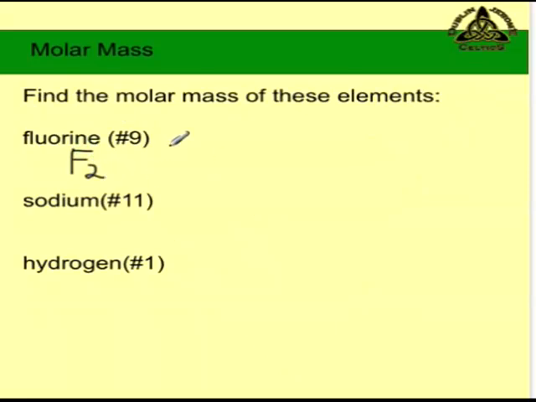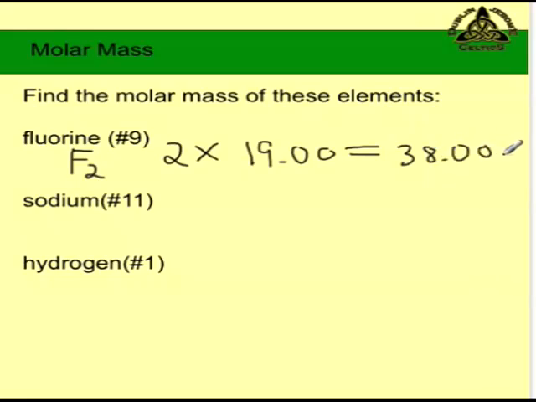So what we have to do is double the molar mass of the fluorine that we see there in the periodic table, and that value is 19.00. So that means that the molar mass of fluorine is 38.00 grams.